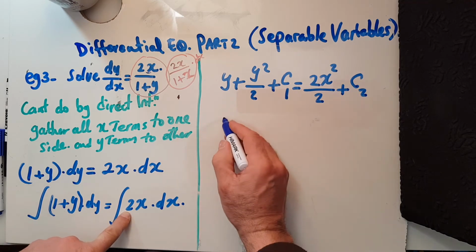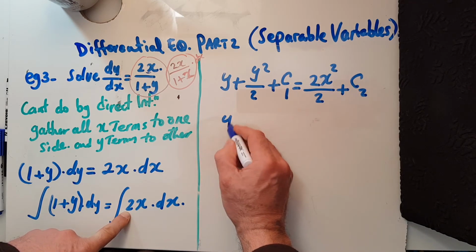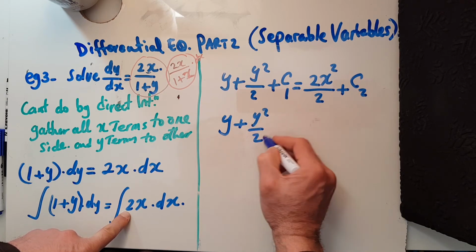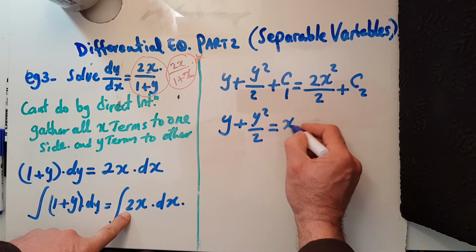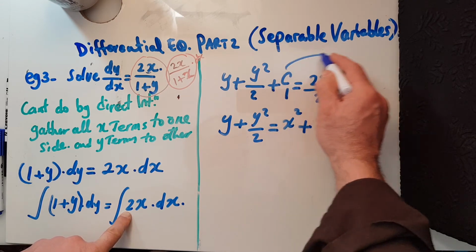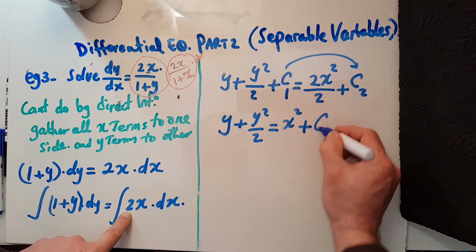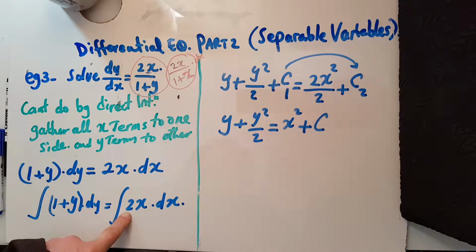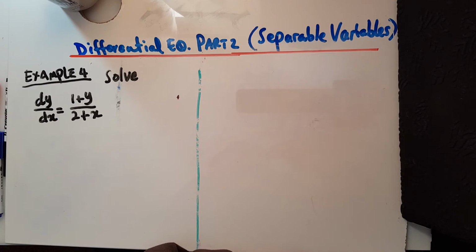So y plus y squared over 2 equals x squared plus, we can gather the two constants and call it c, and that is the general solution.